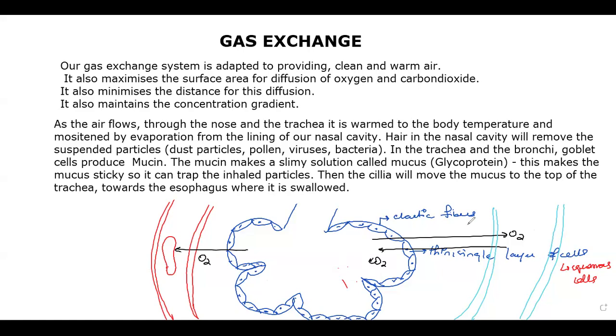The oxygen will keep on diffusing in and the carbon dioxide is going to keep on diffusing out. So these are the features of the alveoli that allow the gas exchange system to be adapted for all of the four features that we had studied before, right? So this is how our system actually works.